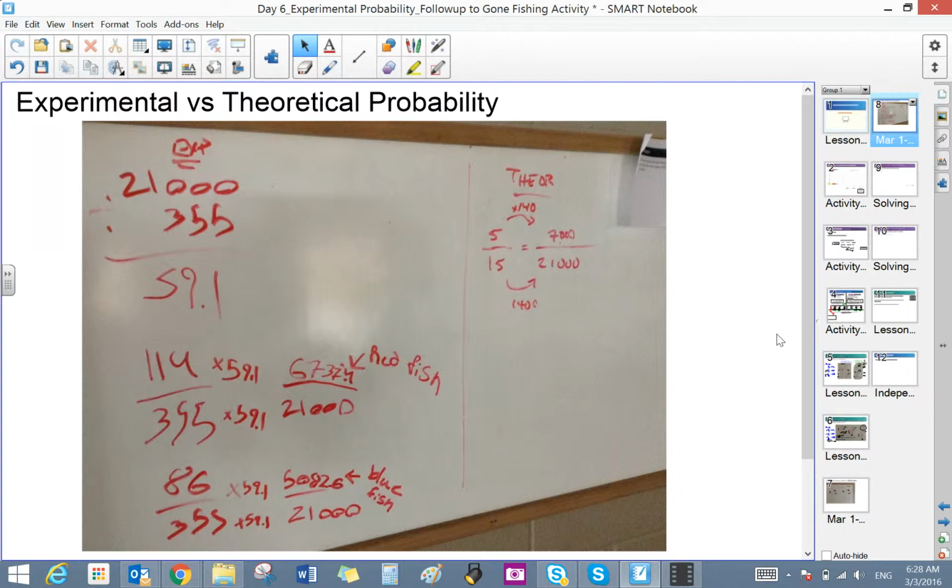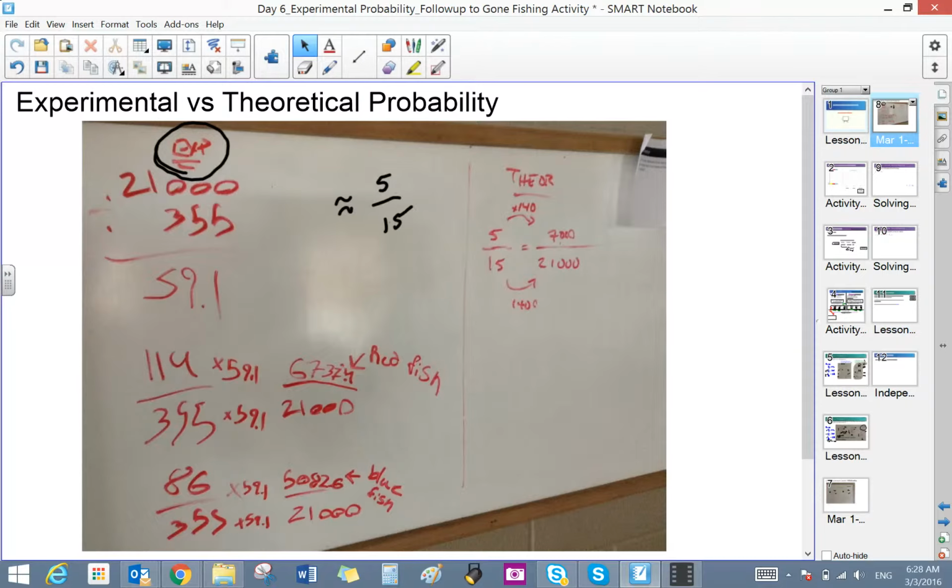Here's another great one. This student here has chosen to use the experimental ratios. So their experimental ratio would approximate the theoretical. The experimental approximates the theoretical ratio for red fish at 5/15.